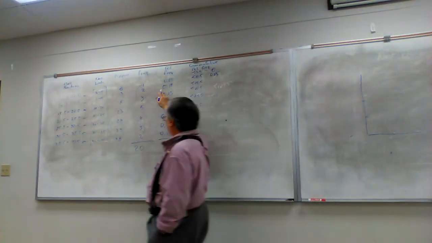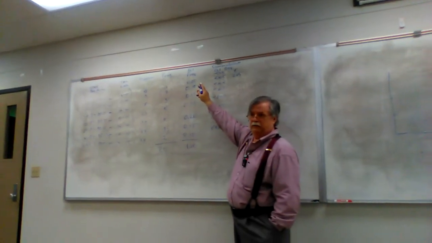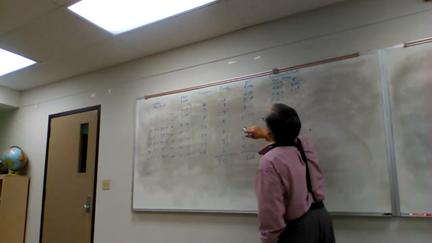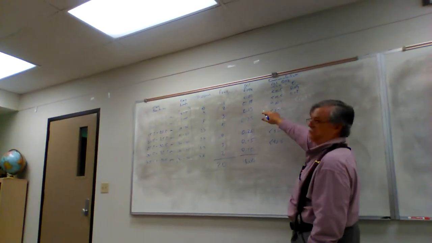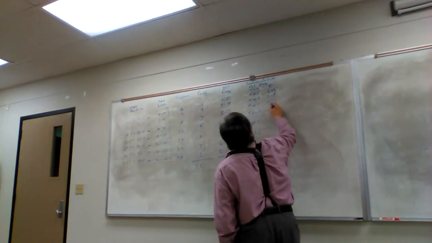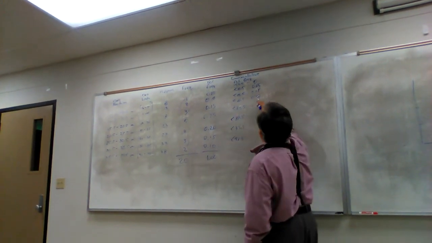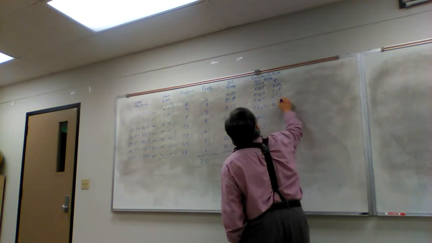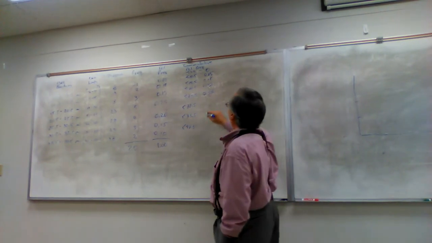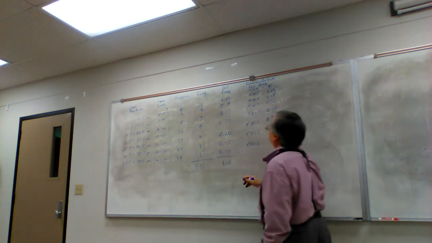Less than 15.5, add 0.1 to this. We get 0.15. Less than 20.5, we add 0.15 to that, and we end up with 0.30. For 25.5, we add 0.25. That brings us up to 0.55. For less than 30.5, we add 0.2, which brings us to 0.75.